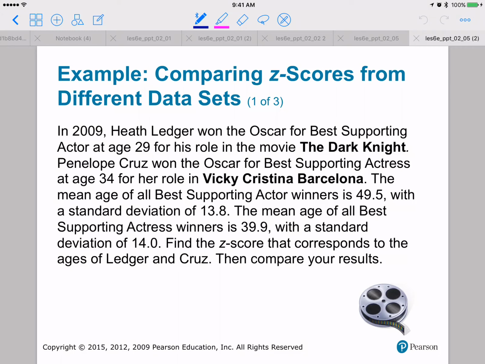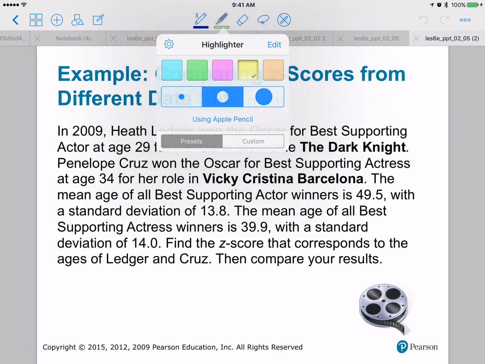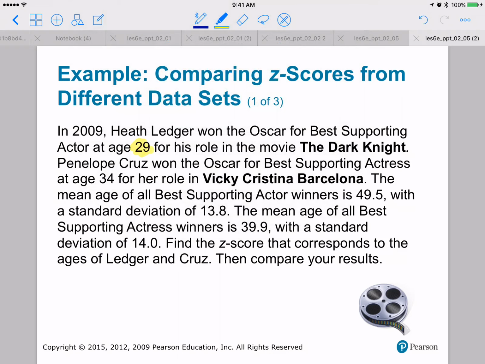Now, here's the issue. The question is, even though Heath Ledger was 29, the average age for men to win the Oscar for Best Supporting Actor is 49.5, right? For Penelope Cruz, she was 34, but the average age is 39. So do you see how typically, the mean age for females to win the Oscar is less than the mean age for males?